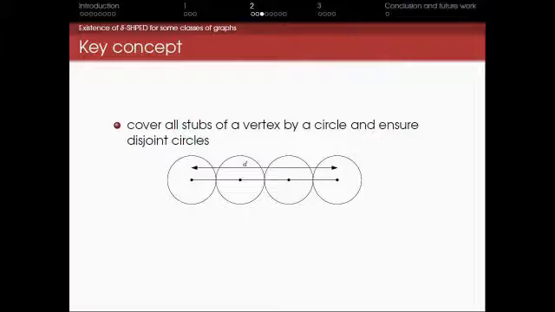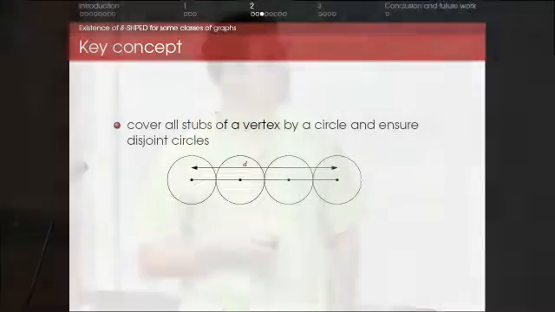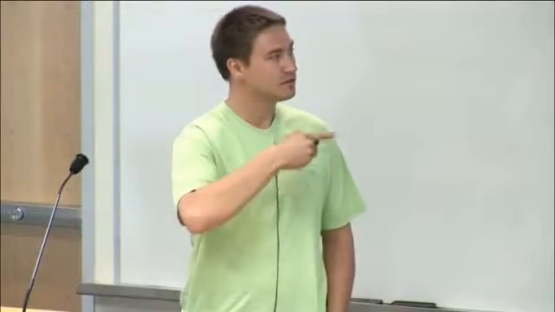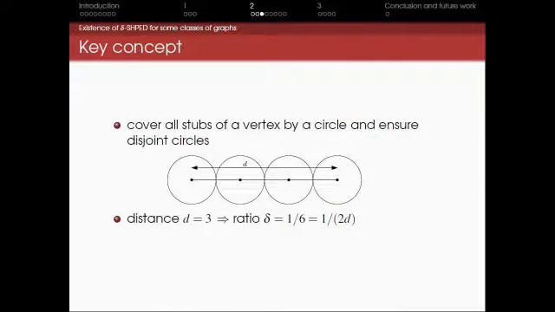So if we consider some vertices with a certain distance of two connected vertices, we see that one unit of distance covers 2 times the radius of such a circle. So we can compute from the distance the ratio of a stub so that it is contained in the circle. And in this case, for a distance d, we have 1/2d as the ratio.